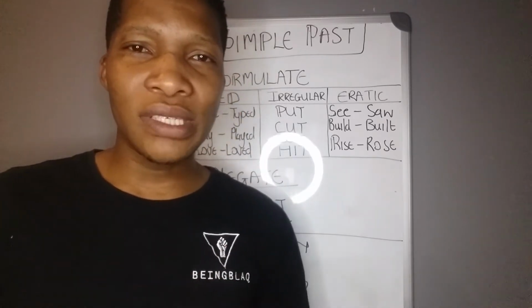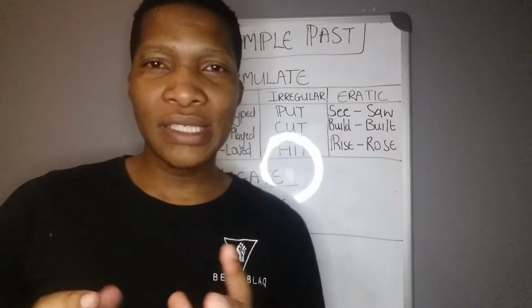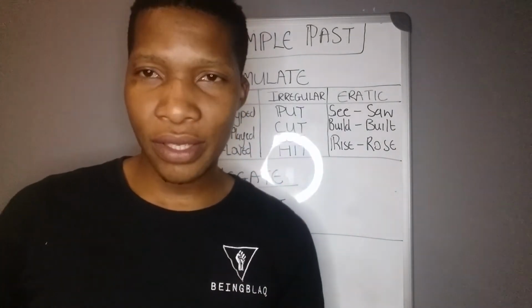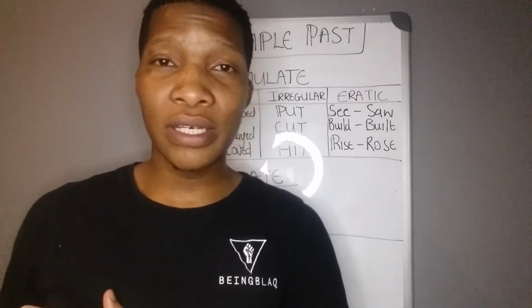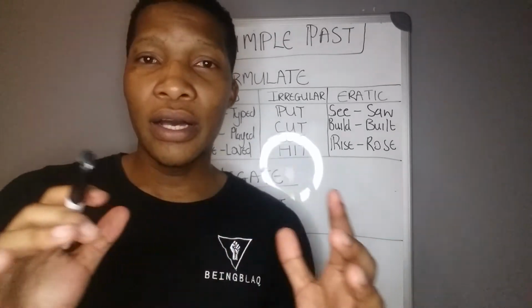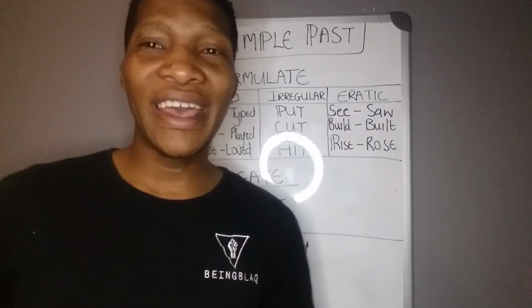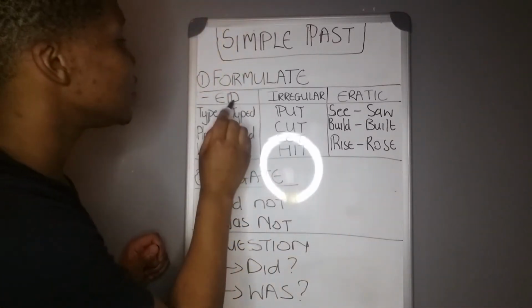The regular ones are where the word in present tense, like play, for example, "I play soccer." If I want to talk about playing something yesterday, the normal thing to do is change the verb by adding ed at the end.